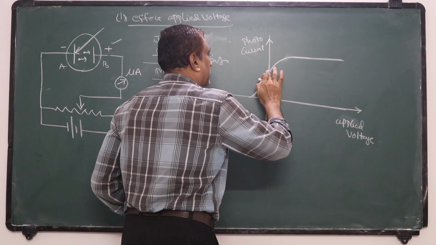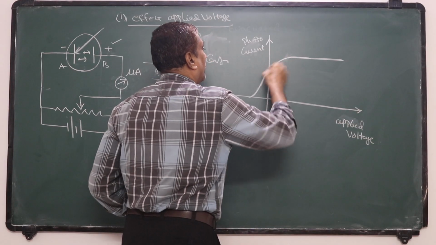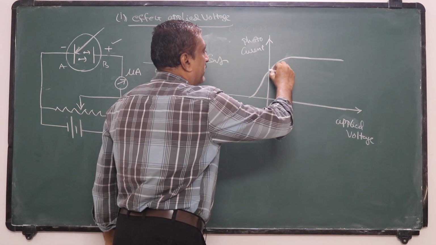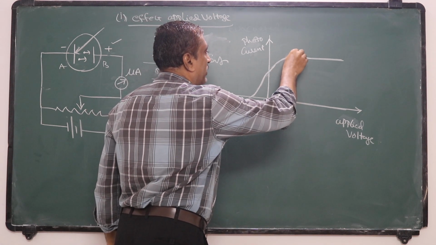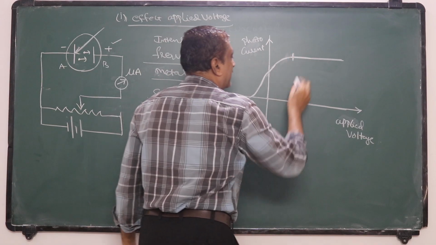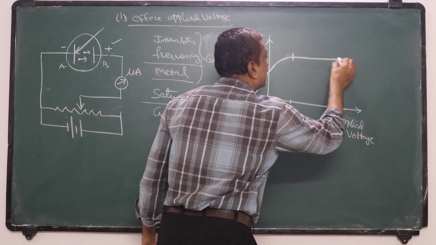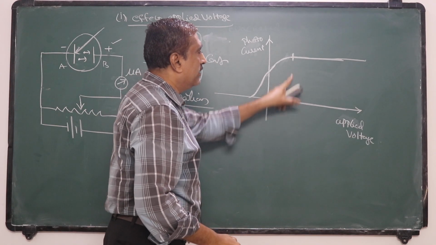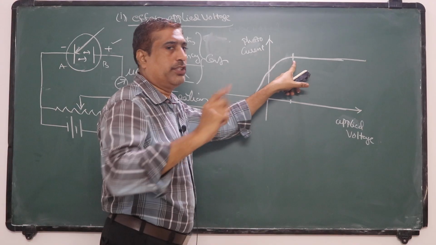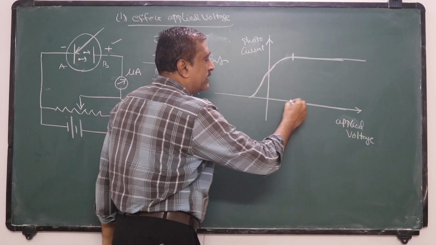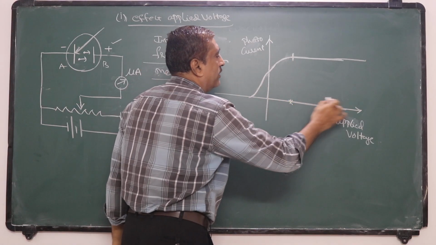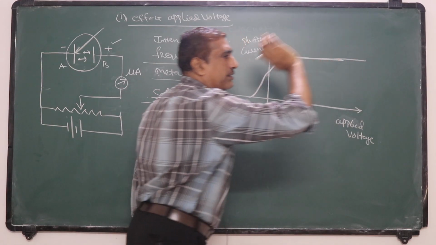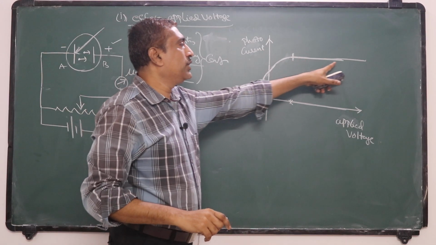The current increases and reaches a maximum saturation value, and after this particular voltage, where the current has reached a saturation value, if we increase the voltage further, there is no change in the current. The current remains constant, and this is called saturation current.